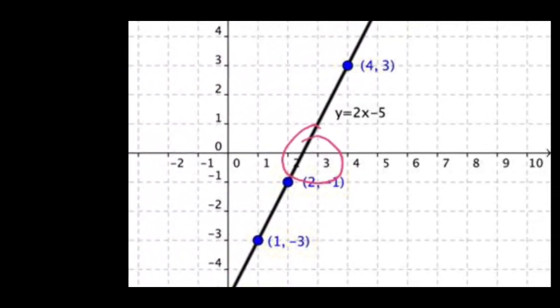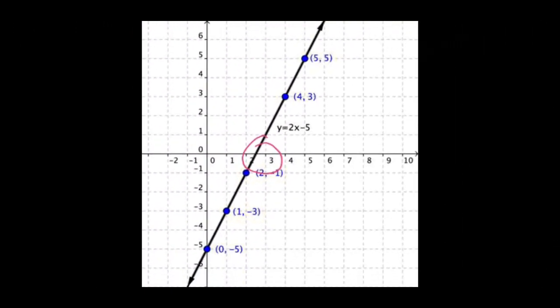So this graph has only one zero, or we can say this polynomial has only one zero. Our graph is the line passing through one point on the x-axis, so it has only 1 zero.